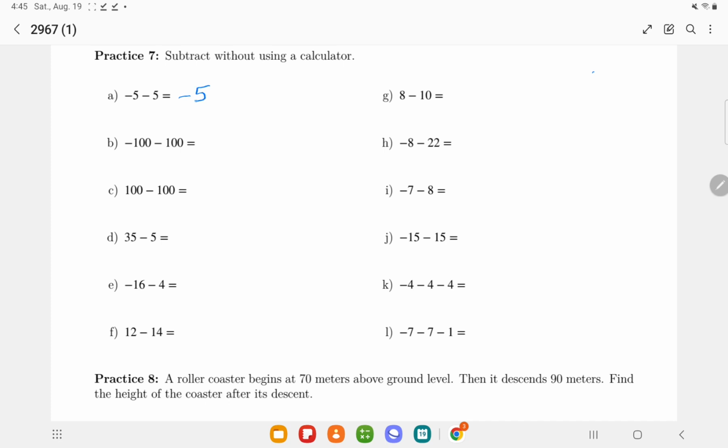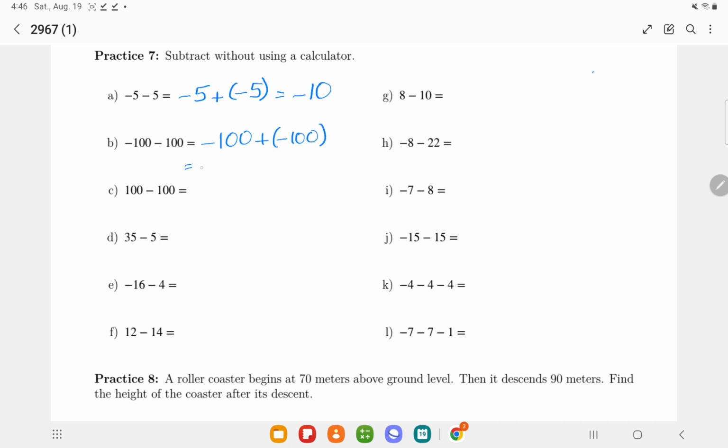So -5 plus -5. And we already know that -5 and another -5 add up to -10. Same with B. We start with -100 and then we add another -100.